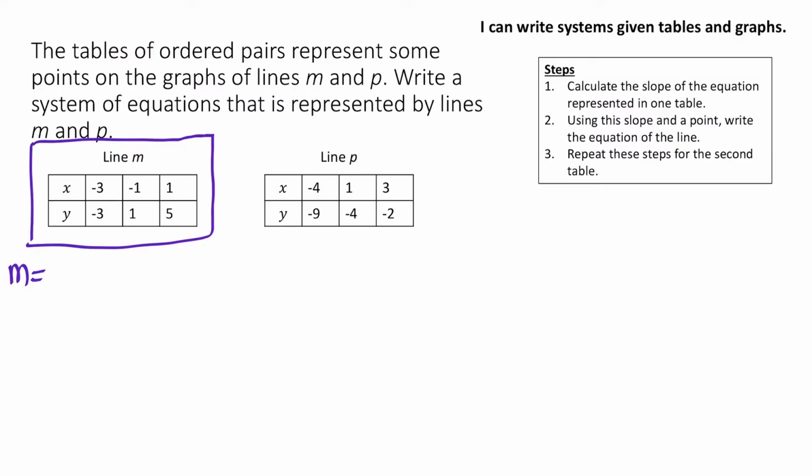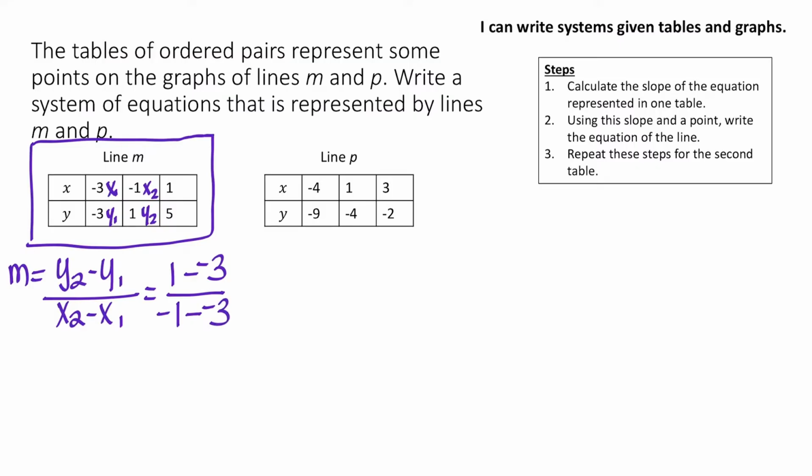So for line M, once again, I need to use my slope formula. So my slope equals y2 minus y1 divided by x2 minus x1. I need to once again pick 2 points. So I'm going to call this x1 and y1, and then this point x2 and y2. When I plug in, I get y2, which is 1, minus y1, which is negative 3, over x2, which is negative 1, minus x1, which is negative 3.